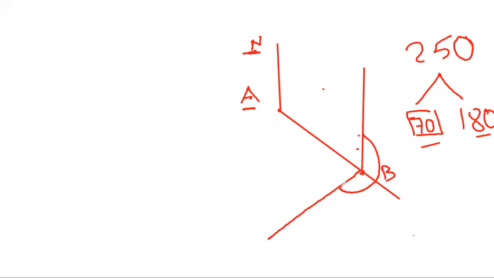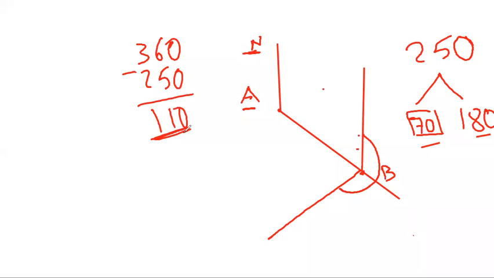The first method was subtract 360 minus 250. The answer is 110. You can draw 110 on the other side, anti-clockwise. Or divide 250 into two angles, 180 and something. So it will be 180 plus 70.